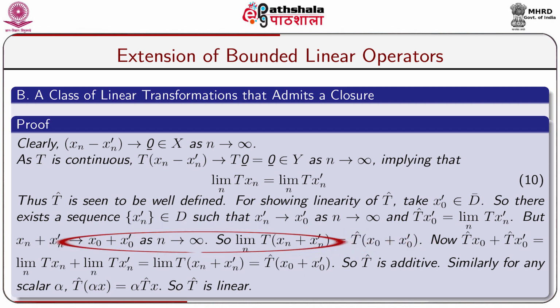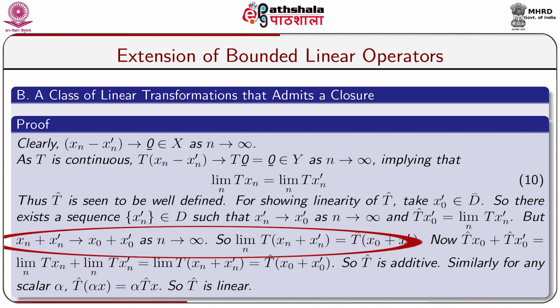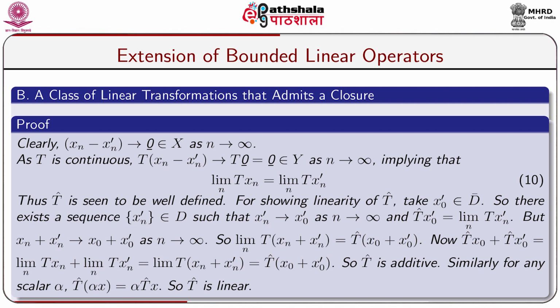But xn plus xn dash goes to x0 plus x0 dash as n tends to infinity. So, limit T of xn plus xn dash equals T hat of x0 plus x0 dash, the limit being taken over n.